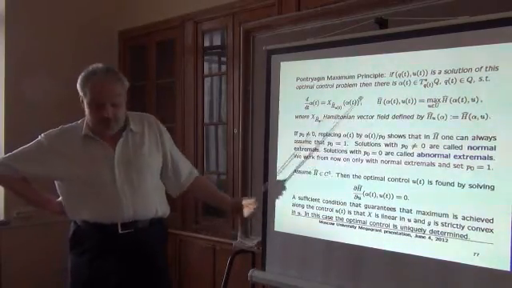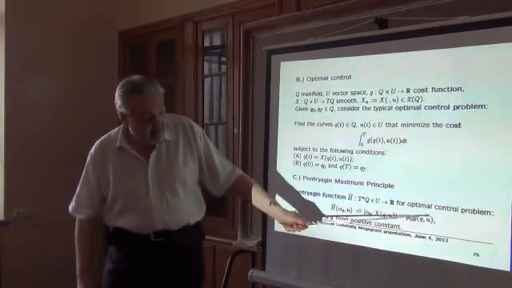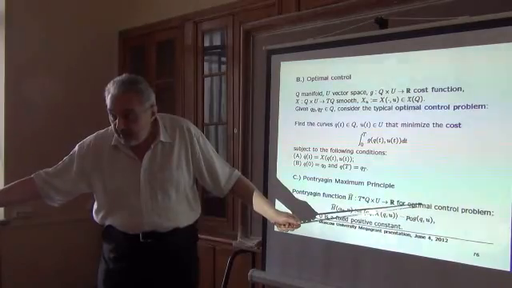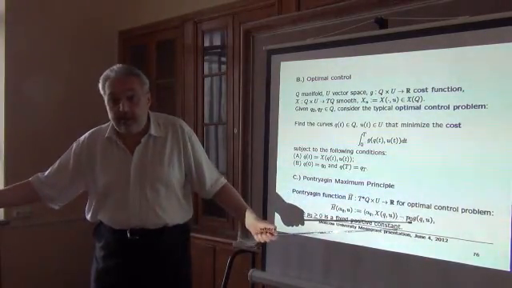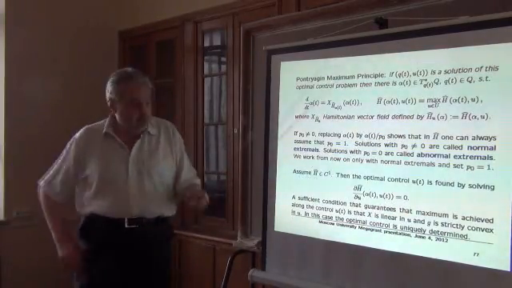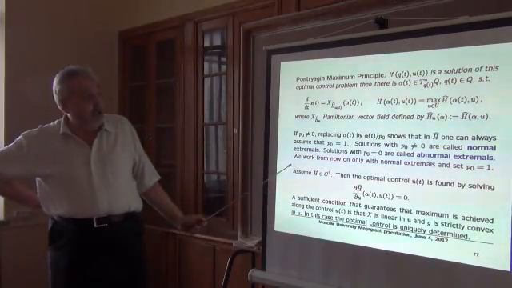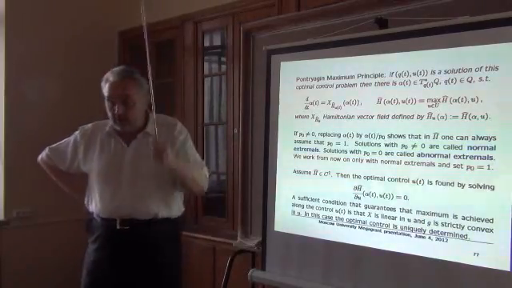Solutions with P0 equal to 0, look here what this means. This means that somehow in the Legendre transform I kill the Lagrangian, which I can never, ever possibly do, right, in mechanics. But here it happens. These are called abnormal extremals. And there's been a lot of work on abnormal extremals ever since way back when, since Pontryagin.